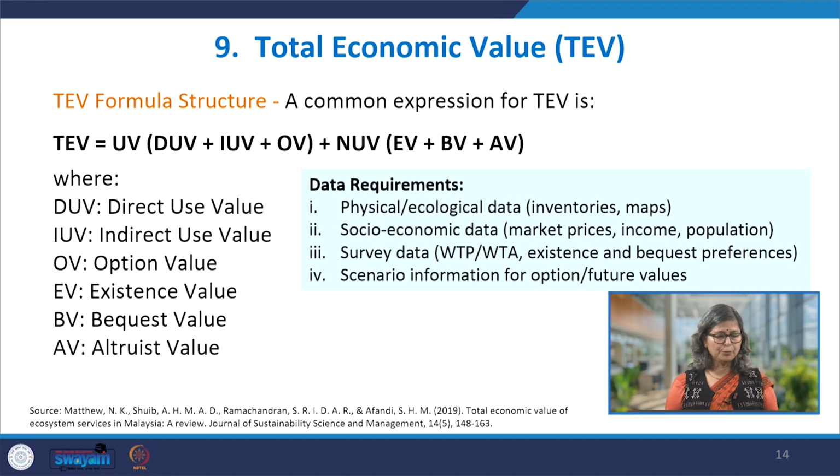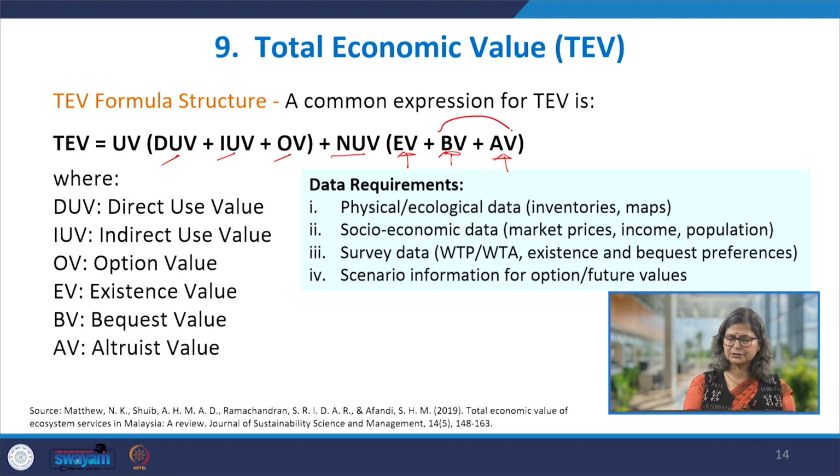So this is the common expression where total economic value is actually getting estimated using the use value and the non-use value as we have discussed. Direct use value, indirect use value and the optional value, and the non-use value, it is having the existence value, bequest value as well as the altruist value.